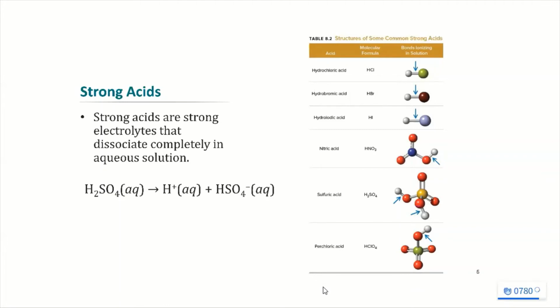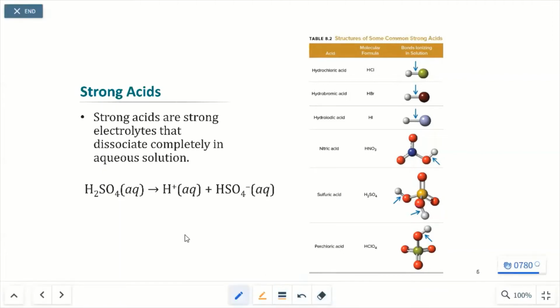These are the acids that you need to familiarize yourself with, because if the acid is on this list, it's a strong acid. It behaves in a very specific way. That specific way is that all of these ionize.